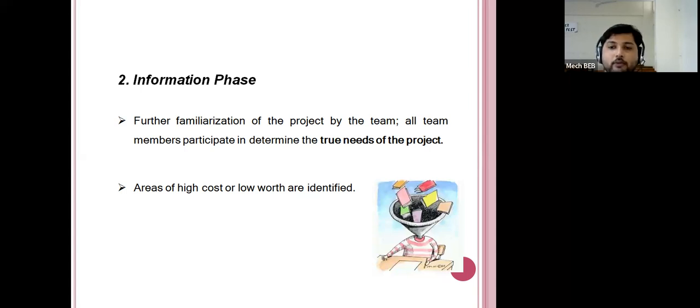And whether it is satisfying that or not will be understood in the information phase. And what are the different costs associated with that particular product, whether high cost or low cost? We need to determine that. Sometimes it will be related to production, sometimes to quality. So the areas where the cost is associated with that particular product are identified.